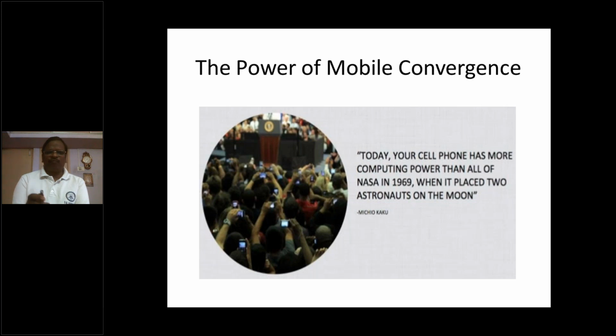The powerful tool now introduced and utilized by humans is this pervasive computing and mobile convergence technology. We utilize pervasive computing by adopting special kinds of programs, hardware, devices, and other information oriented approaches.